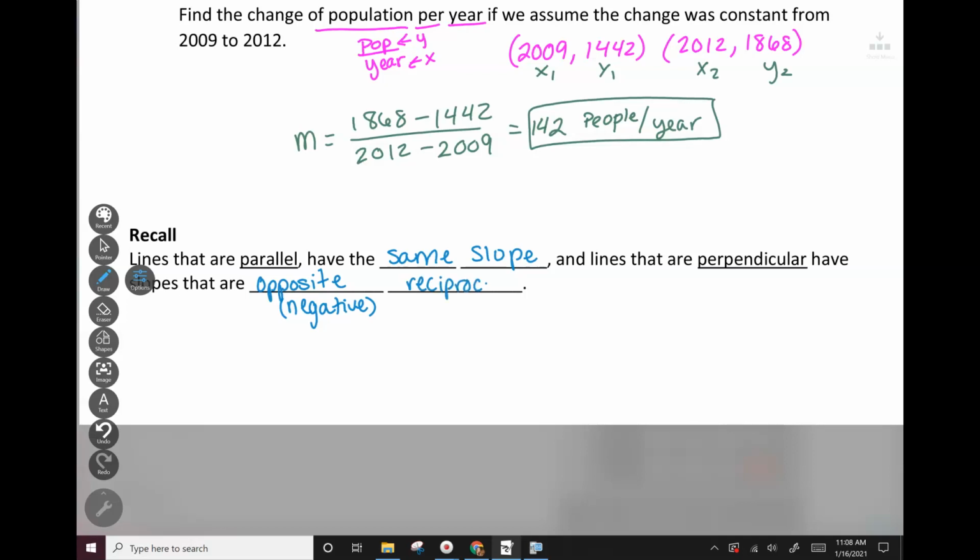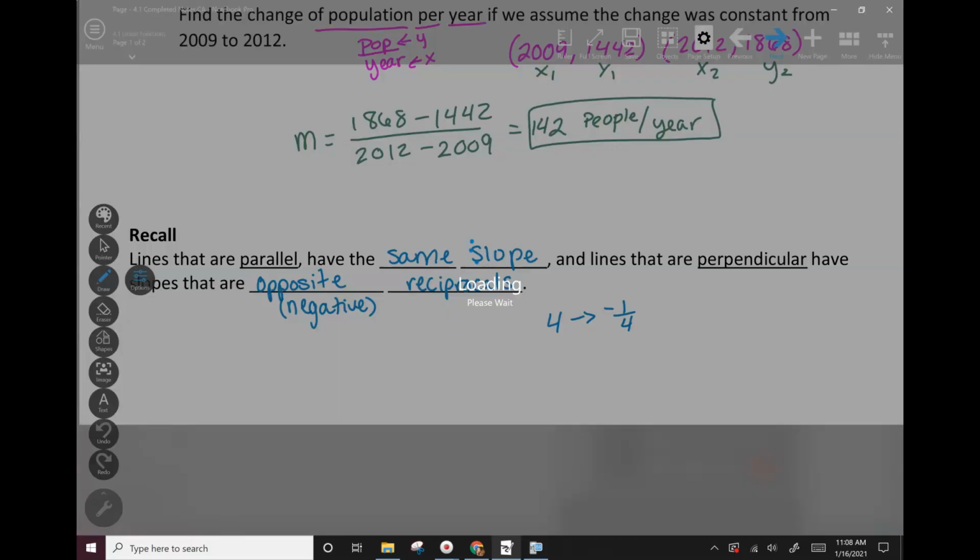We've already talked about that this year. So basically opposite, you're changing the sign, and then reciprocals, you're flipping the fraction. Even if it starts out as a whole number, it will become a fraction. Okay, so just a little reminder about that.